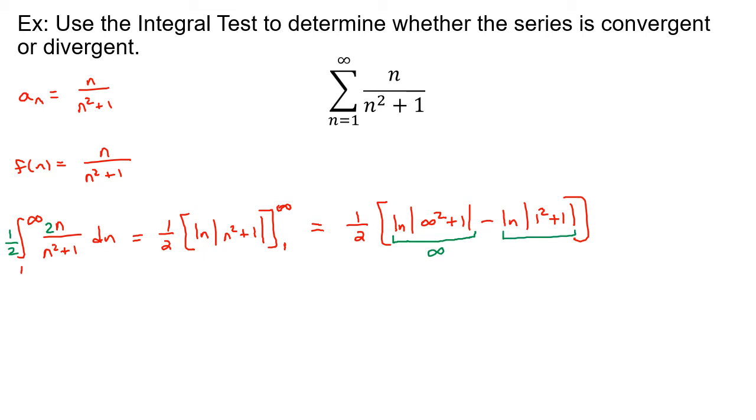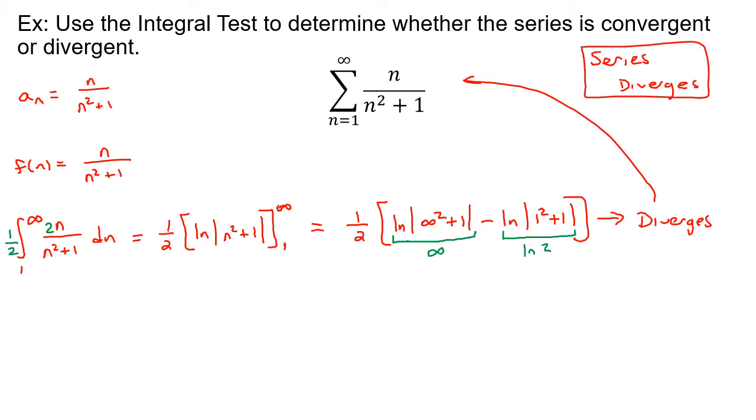The other side becomes the natural log of 2, which doesn't counteract the fact that the first part is blowing up to infinity. And so this thing has to diverge. And because the integral diverges, the series has to diverge as well. We would say that it diverges by the integral test.